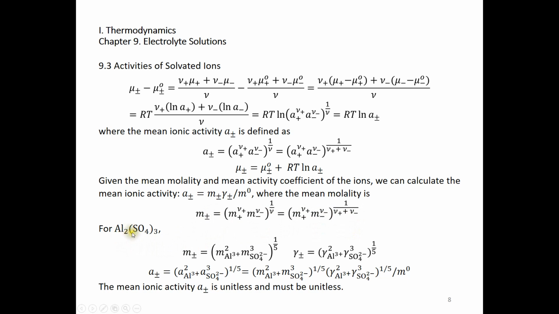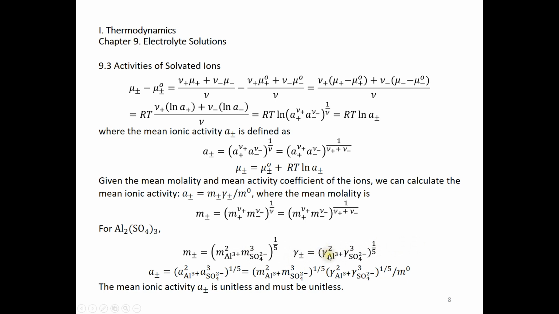For aluminum sulfate, we have m sub plus minus equals the molality of aluminum cation raised to the power of 2 and the molality of sulfate raised to the power of 3, and altogether raised to the power of 1/5. So we have this similar equation over here. For the mean activity coefficient, gamma is the activity coefficient, gamma plus minus is the mean ionic activity coefficient.